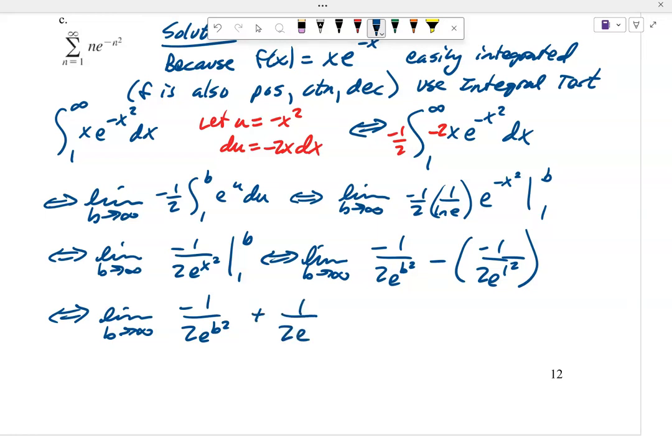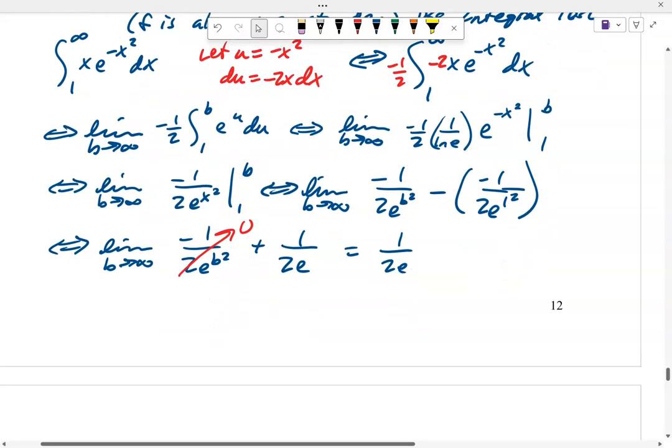Plus 1 over 2e. If you notice, as b goes to infinity, this will be 1 over 2e to this huge number, so this will go to 0. So I just got 0 plus 1 over 2e. So I got 1 over 2e. And so the integral converges to 1 over 2e. That means the series will also converge.